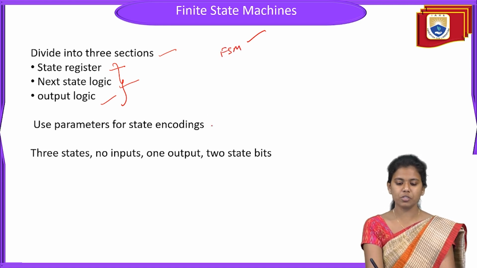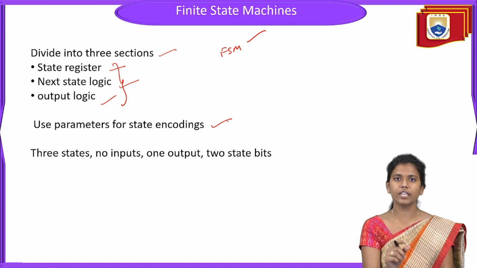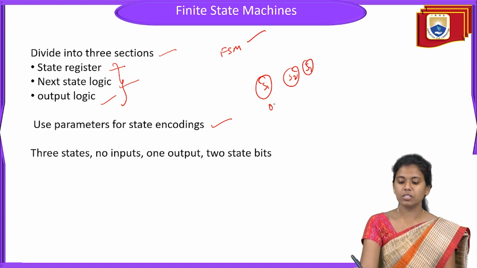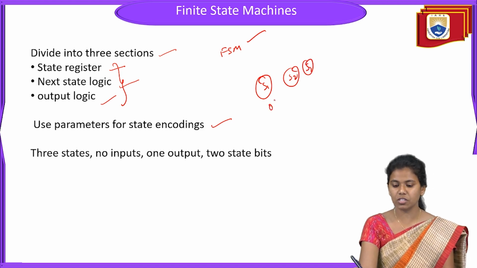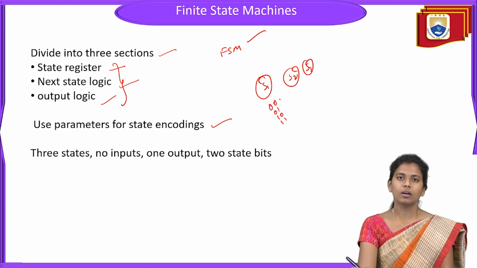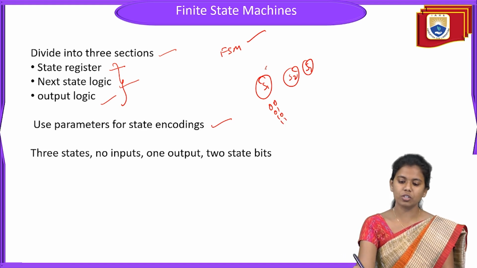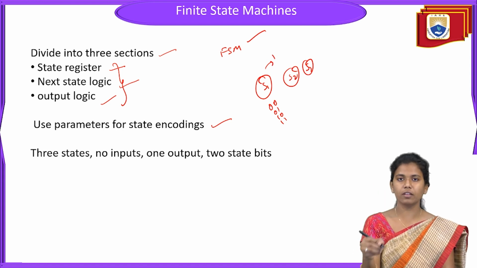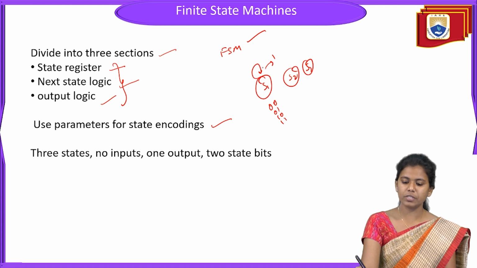So use parameters for state encodings. For each and every state we have to represent the parameters S1, S2, S3, and we must represent the state transition with 0 0, 0 1, 1 0, and 1 1. For the next transition it should be represented with 1, and if it stays in itself, we represent it with a 0.